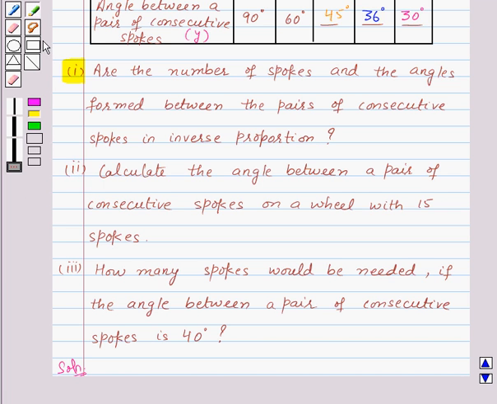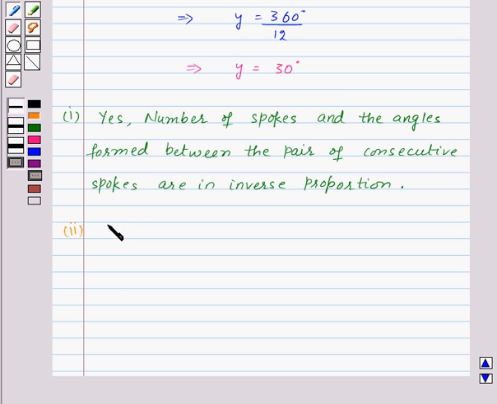Now the second part says, calculate the angle between a pair of consecutive spokes on a wheel with 15 spokes. That means number of spokes is 15, that is x, and we need to find the angle, that is y. So here x is equal to 15 and we need to find the value of y.